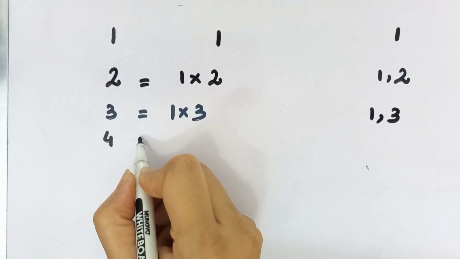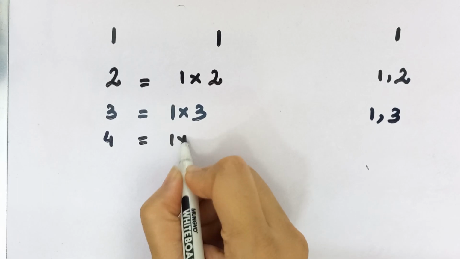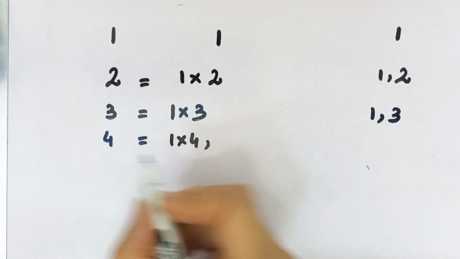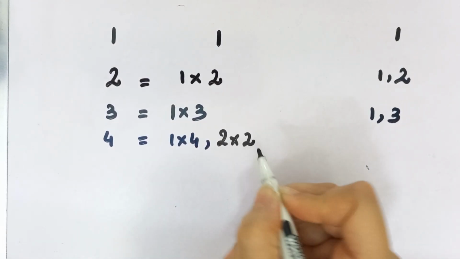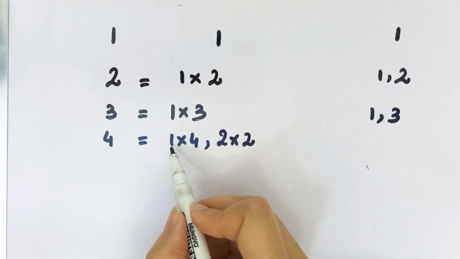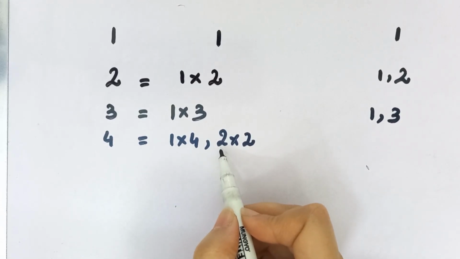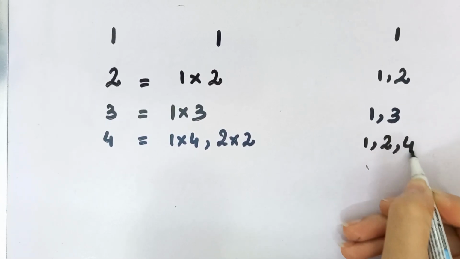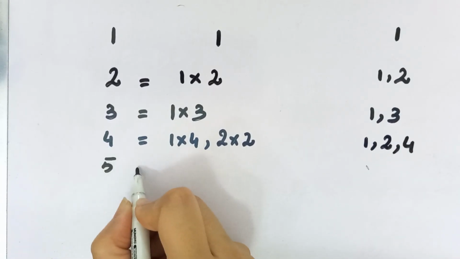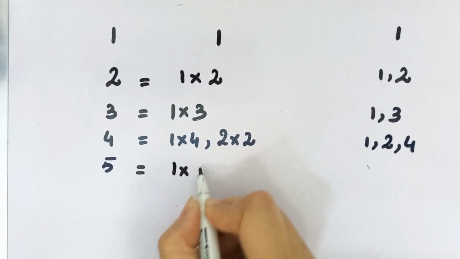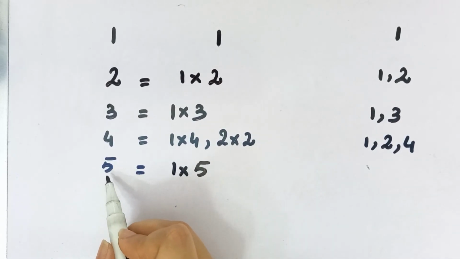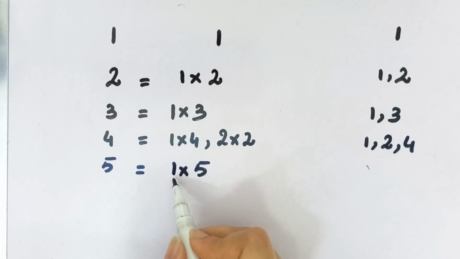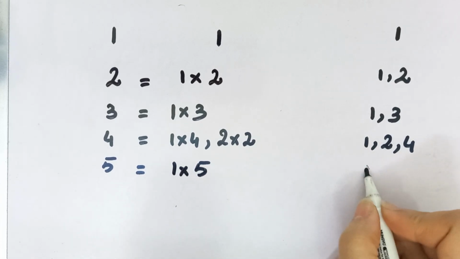Then we have 4. 4 equals 1 times 4, and also 4 equals 2 times 2. So 4 is divisible by 1, 4, and 2. So it has 3 factors, 1, 2, and 4. Then we have 5. 5 equals 1 times 5. 5 has 2 factors, 1 and 5.